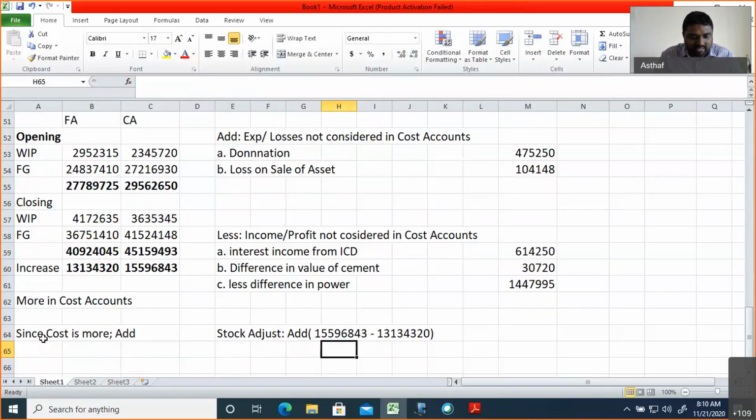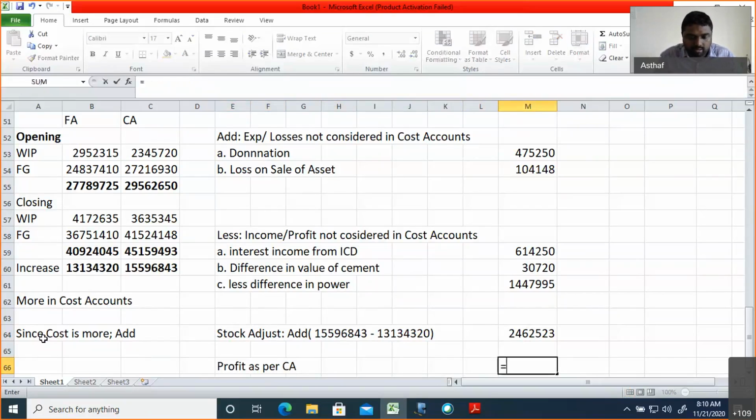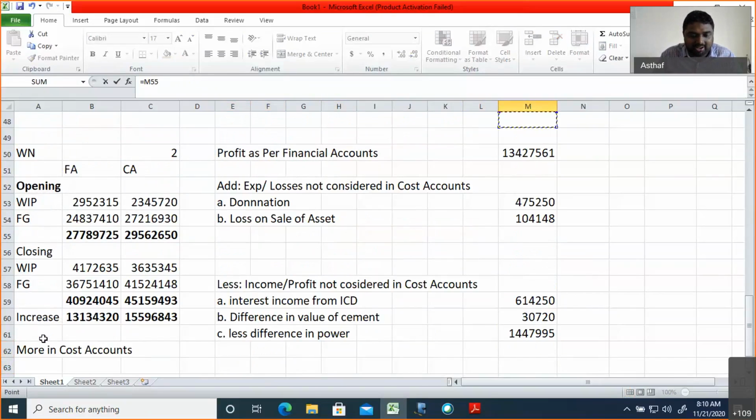So what will be the answer? So you will get the answer. Profit as per cost accounts. Some of the friends already got the answer.